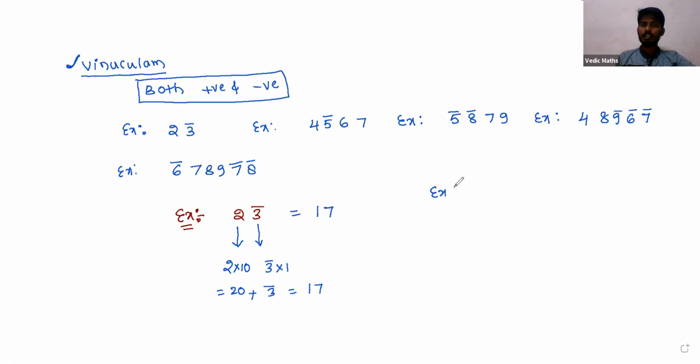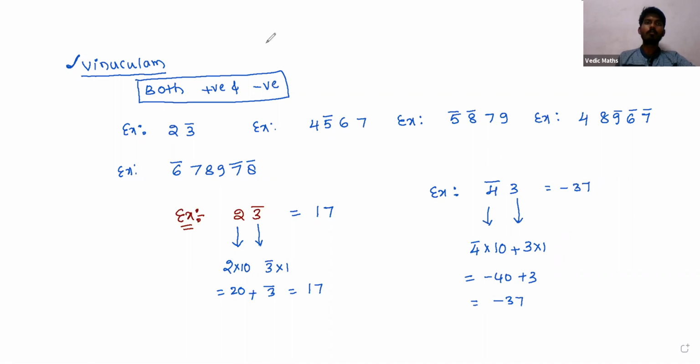Let me take another example. 4 bar 3 I have taken. Here the place value of negative 4 is negative 4 into 10, and the place value of 3 is 3 into 1. If you add them together, you get minus 40 plus 3, which is minus 37. Yes or no?